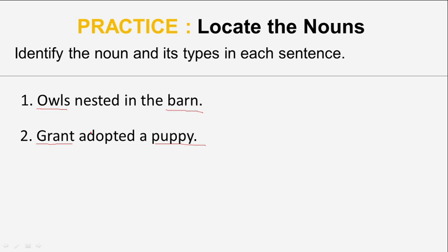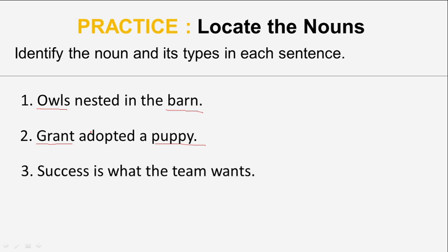Is it concrete or abstract? Concrete noun. Countable or uncountable? Countable. Very good. How about the puppy? Just like the owls and the barn, this is a common noun, a concrete noun, and a countable noun. Very good.